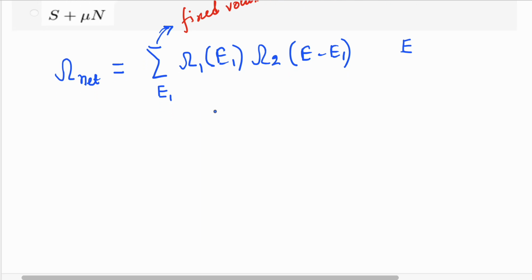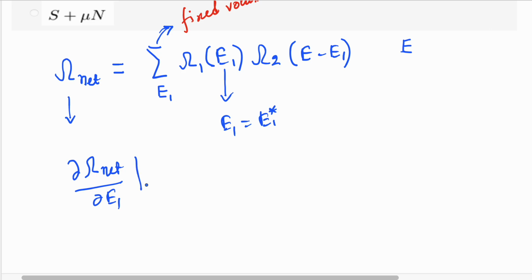Now let me calculate for which value of energy this total number of microstates is maximum. That means we have to take the derivative of omega net with respect to E1 at E1 star such that it becomes 0.